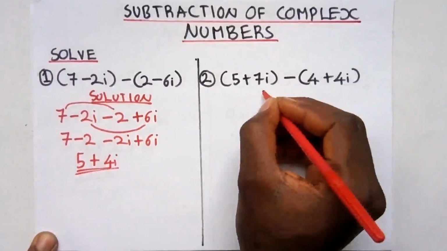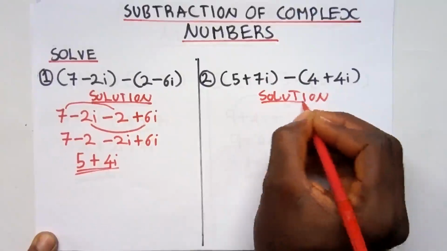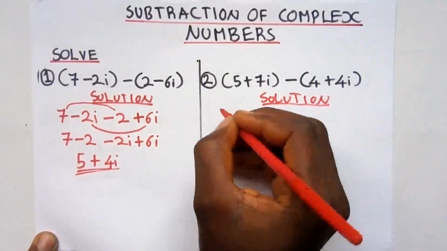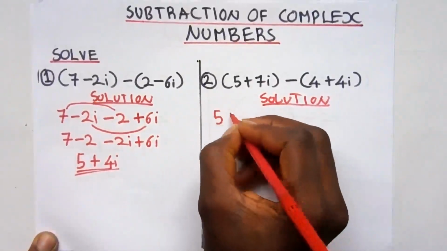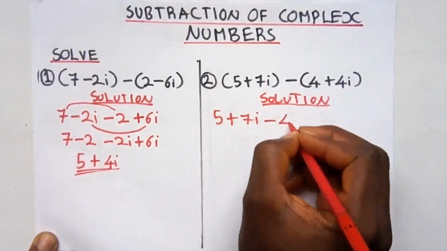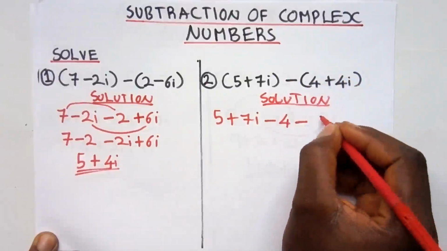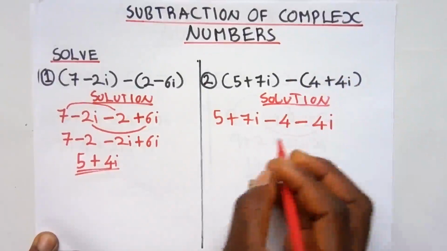Example 2. Solution. Open the bracket. 5 plus 7i, minus 4, minus 4i.